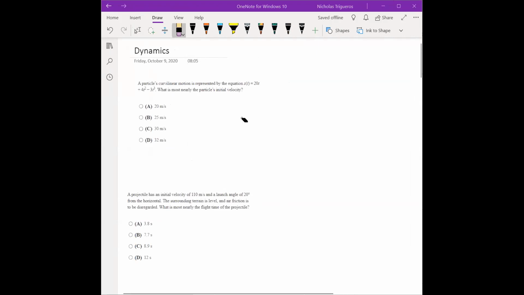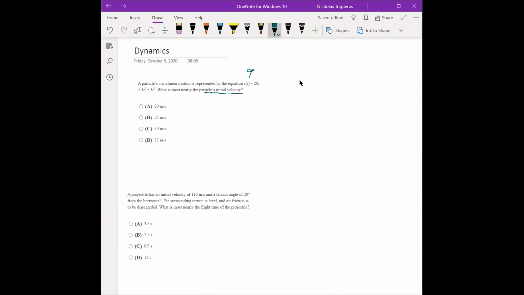So let's look at this first problem. A particle's curvilinear motion is represented by the equation s of t equals 20t plus 4t squared minus 3t cubed. What is the particle's initial velocity?